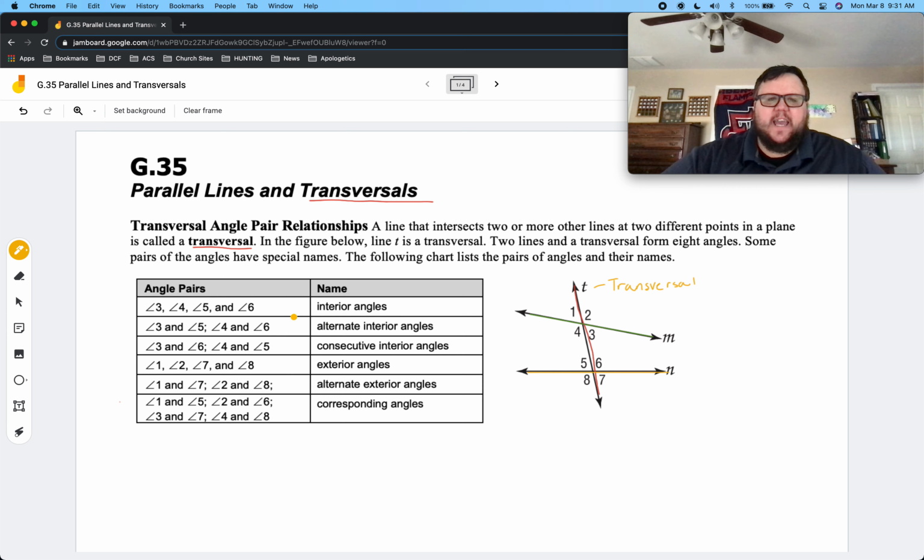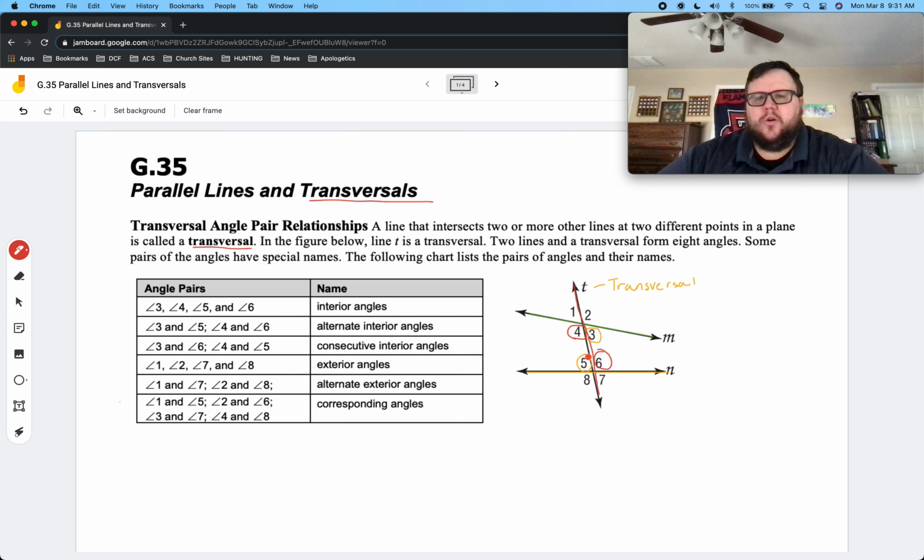So in this case, angles 3, 4, 5, and 6, right here, form interior angles. They're bounded by the original lines M and N. 3 and 5, and 4 and 6, are alternate interior angles.